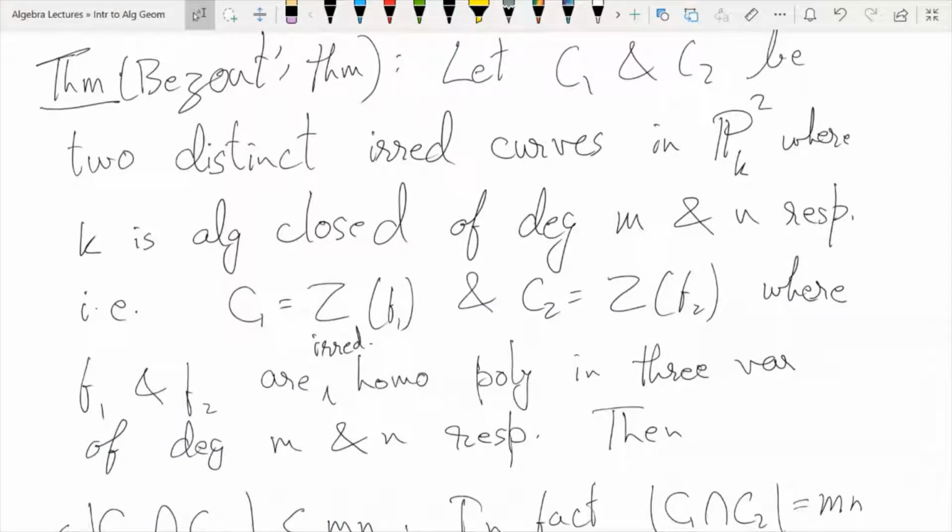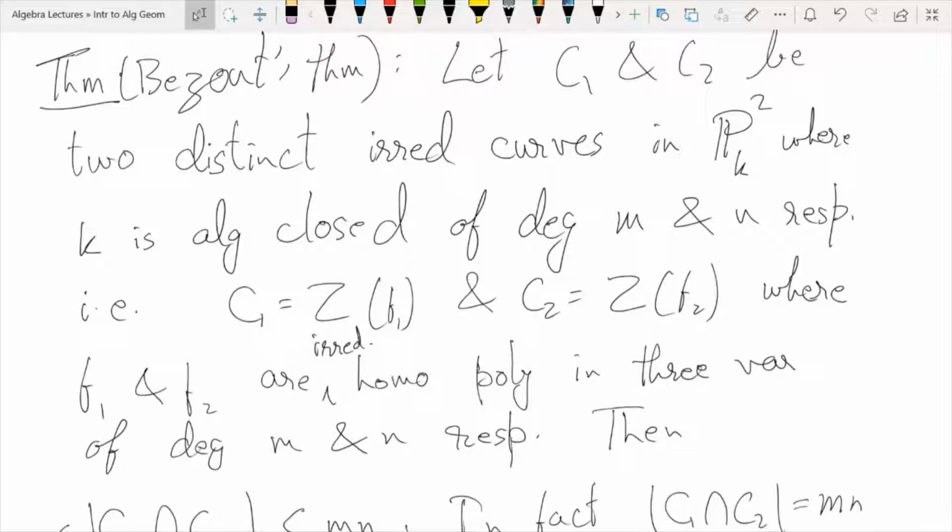And here, the curve has degree m means the following: a curve in P2 is given by a homogeneous polynomial, and the degree of that homogeneous polynomial is the degree of the curve. So that is the definition of the degree of C1, and similarly the degree of C2.